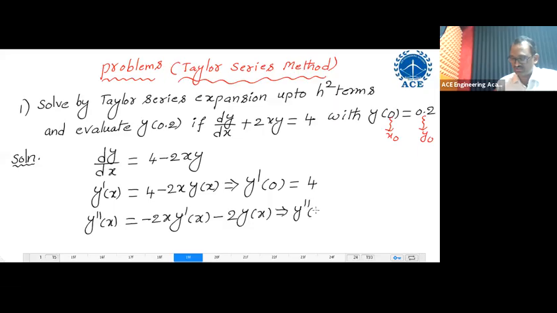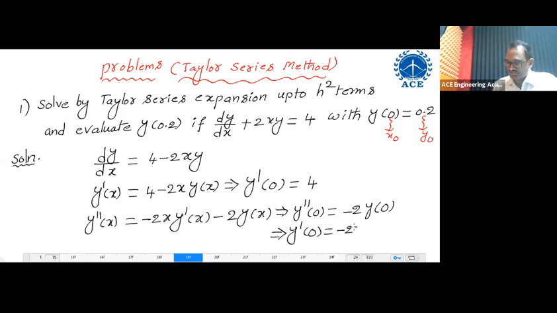So to find y double dash of x naught, x naught means 0. If I take y double dash of 0, minus 2 into 0 is 0, this term is 0. This is minus 2 into y of 0. y of 0 is already given in the statement of the problem: y of 0 is 0.2.